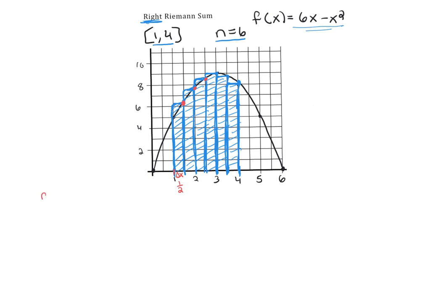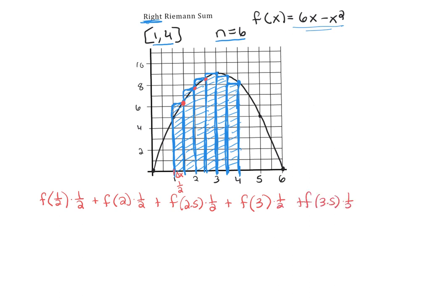So let's write it all out. f of 1.5 times the change in x, 1/2, plus f of 2 times 1/2, plus f of 2.5 times 1/2, plus f of 3 times 1/2, plus f of 3.5 times 1/2, so this is a big one, plus f of 4 times 1/2.